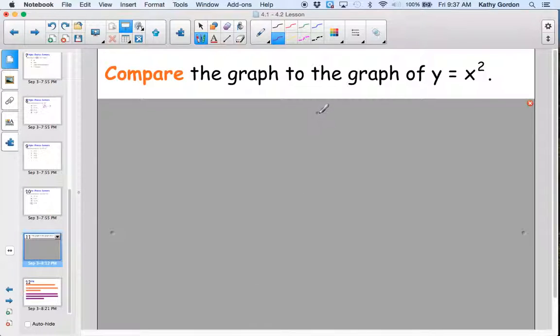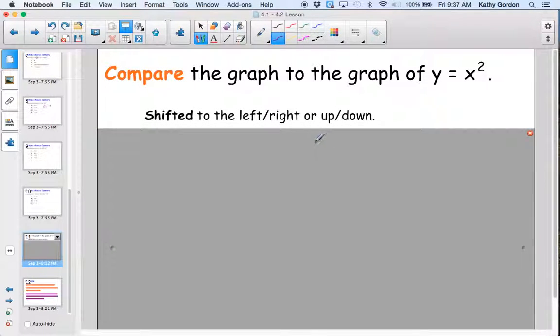So the first thing that you could look for is whether your graph is in a different position from what your y equals x squared is. So if your vertex is somewhere other than 0, 0, then your graph is moved. And so we talk about that then about shifting. We say it's shifted to the left or the right, we say it's shifted up or down, and we say how much.